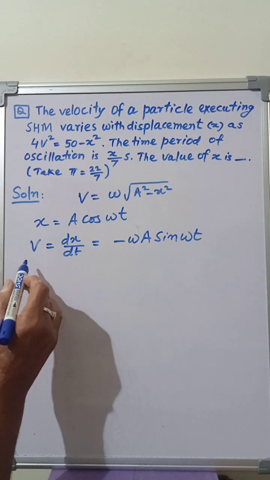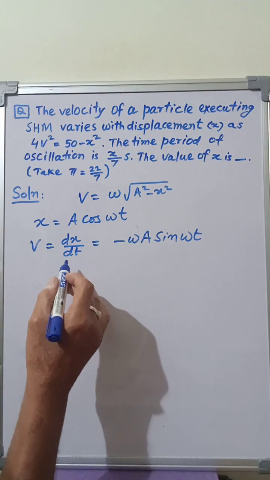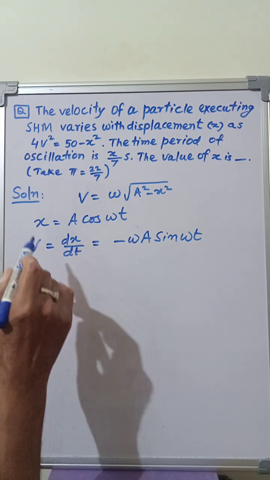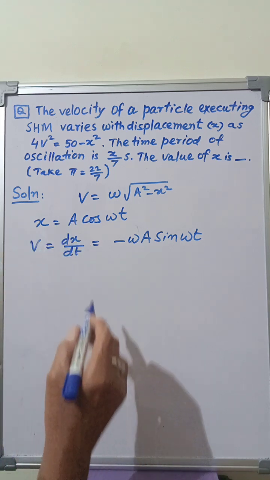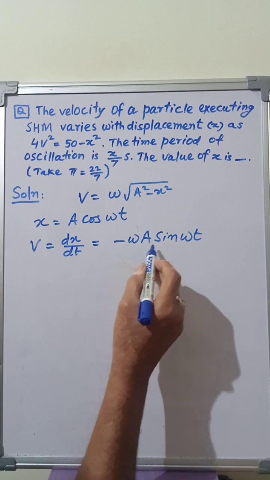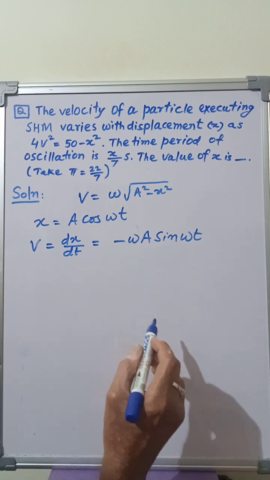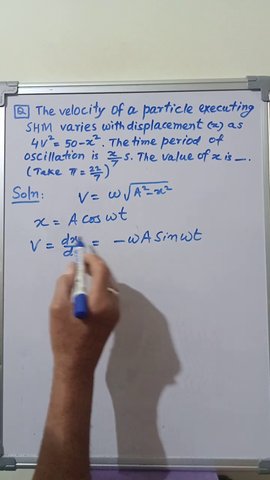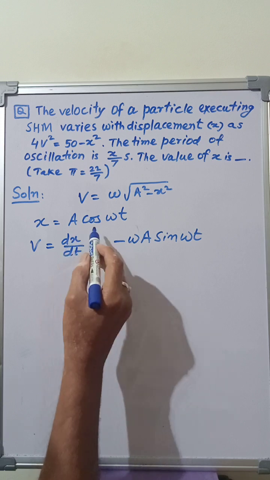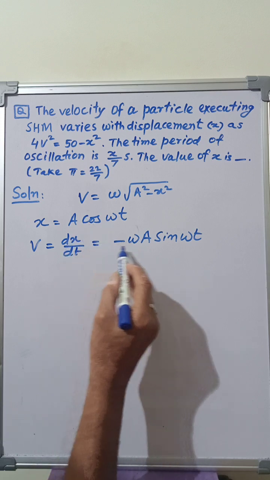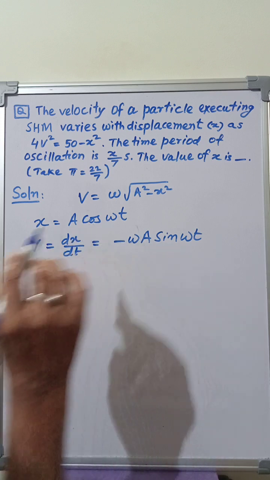Now velocity v is equal to dx by dt. Therefore, differentiating x with respect to time, we get minus omega a sine omega t, because a is not differentiable, and cos omega t gives us minus sine omega t into omega.